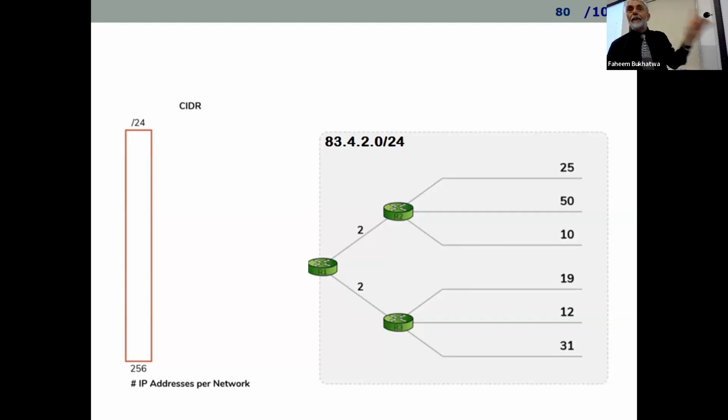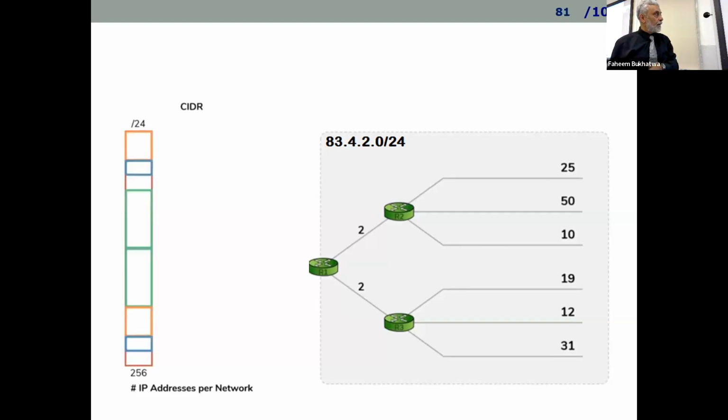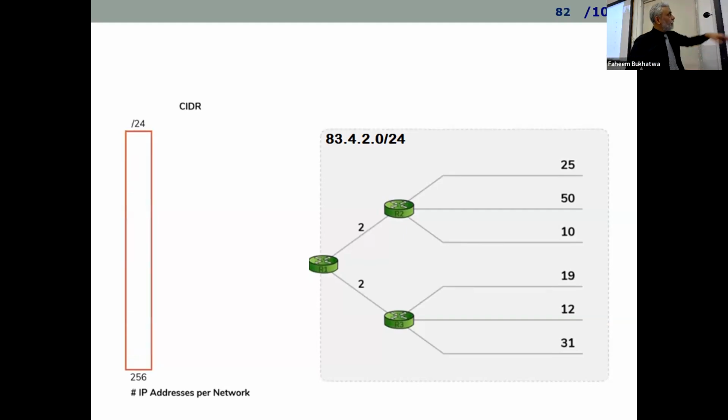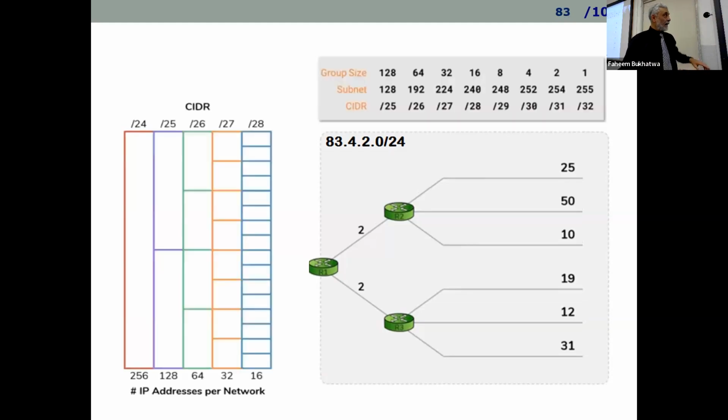Let's start with this. First, you start with the larger one, guys. You start first with the whole lot, /24. That's what we're starting with. And we need to pick the largest one, and that's that one there, 50. So we can't give it 50, but this is the normal kind of grid that you have. This is 256, that's 128, that's 64.